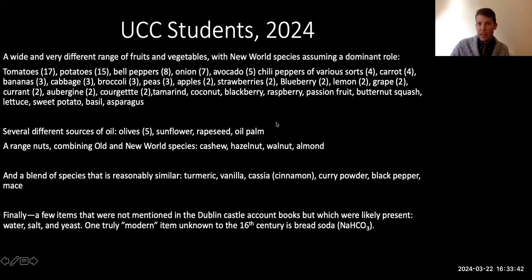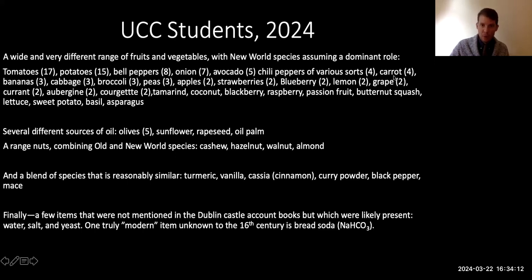And in 2024, as opposed to, say, 1594, New World species have assumed a dominant role. I don't think it's overstating it to say that Irish people, in many cases, seem to really eat a lot of New World species. Tomatoes and potatoes feature heavily, but also bell peppers, avocado, chili peppers of various sorts, bananas. These are all New World species. Now, onions hang in there as well.